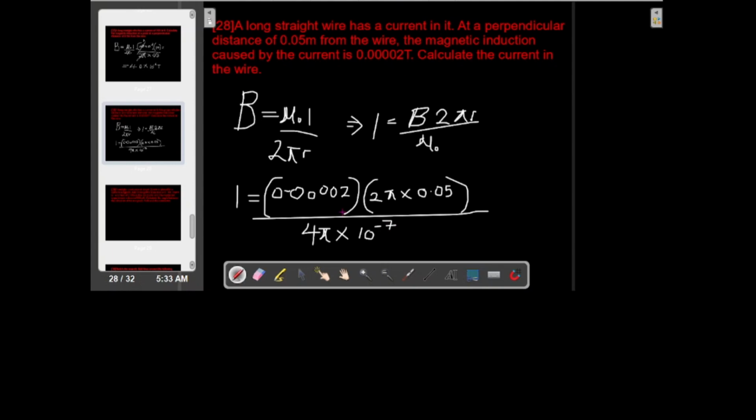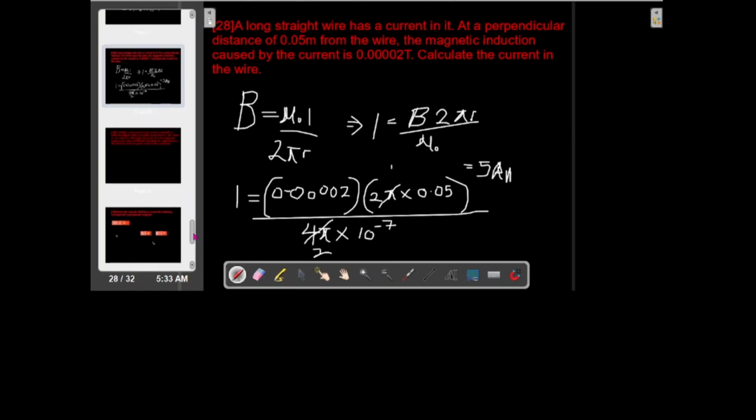Because of the 4 pi here, I'm going to be left with 2, and then the pi is cancelled. I can just evaluate this to get the final answer, which is 5 ampere. Please make sure you confirm that with your calculator.